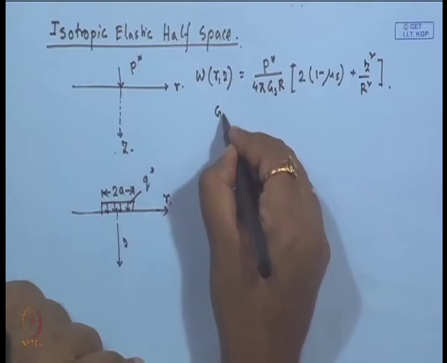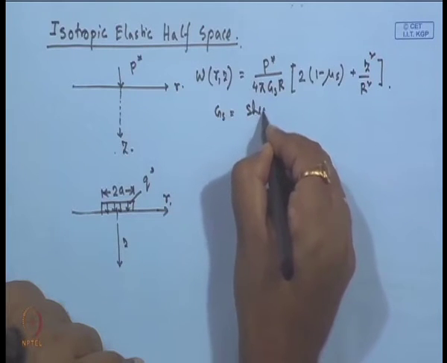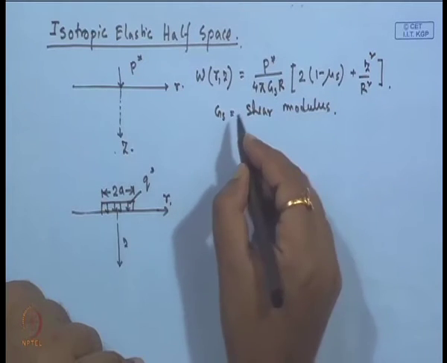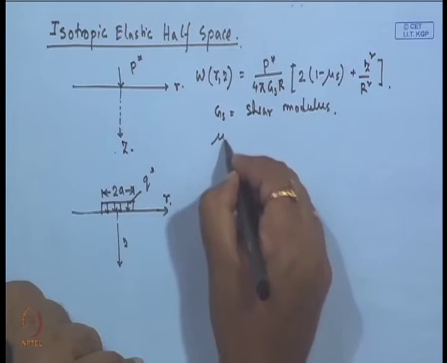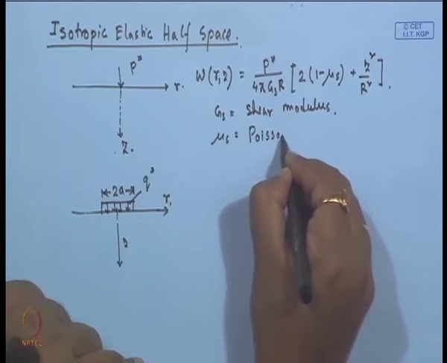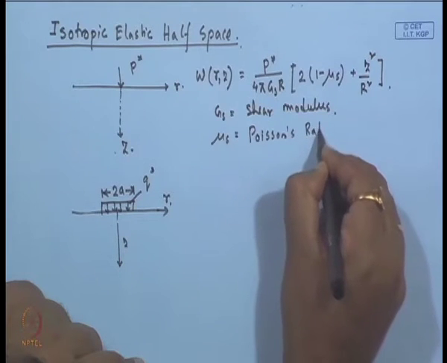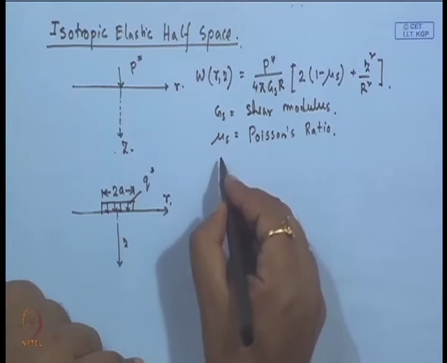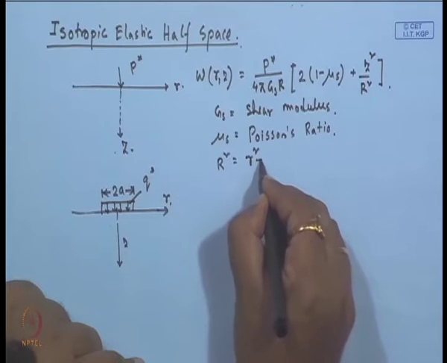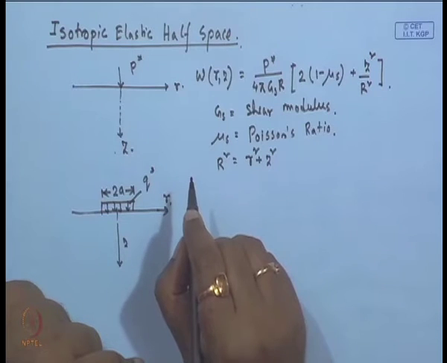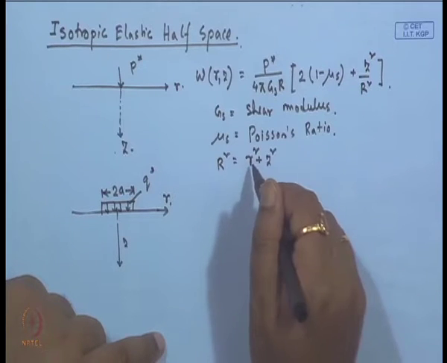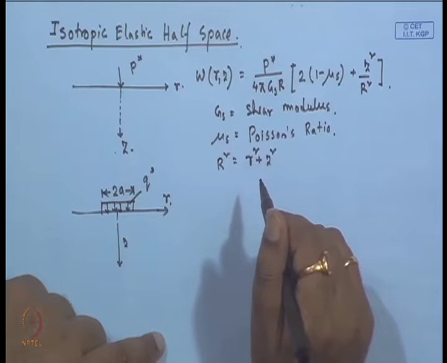Similarly, G s is the shear modulus and mu s is the Poisson ratio, and R square is equal to small r square plus z square.